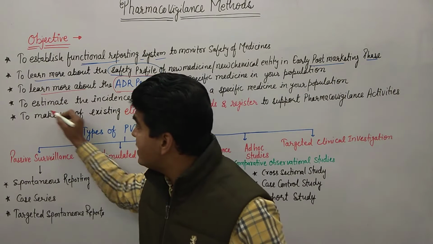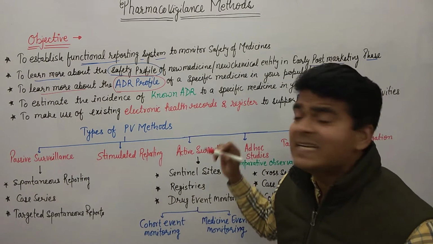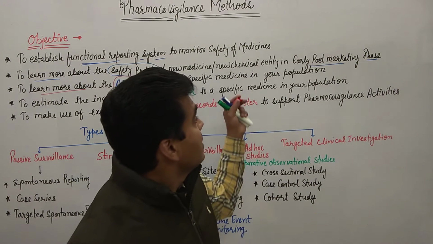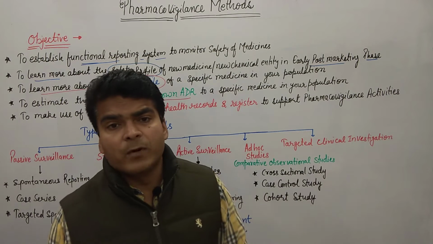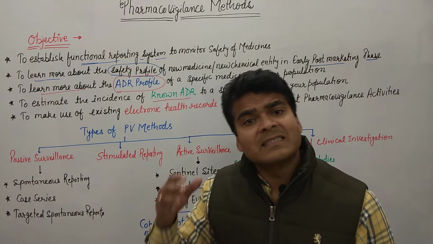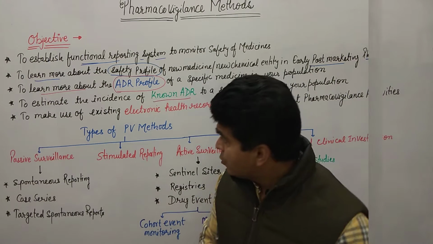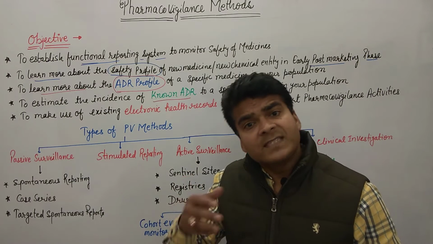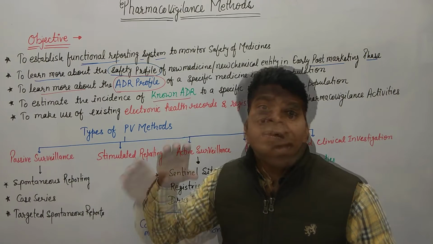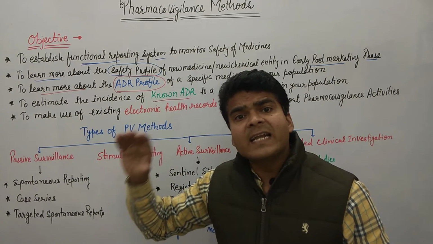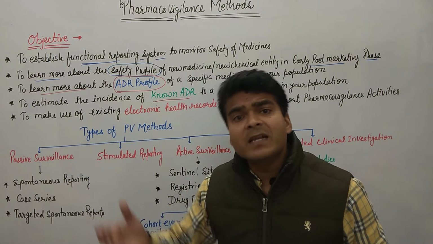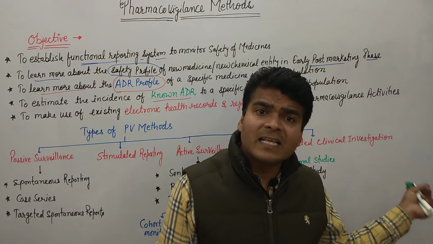Then the next one is to estimate the incidence of known ADRs of a specific medicine in your population. In preclinical and clinical trials there are some known ADRs of the drugs. After approval, if the same kind of ADRs appear in the population, is the percentage of the ADRs already reported to the US FDA similar in the post marketing study or not?